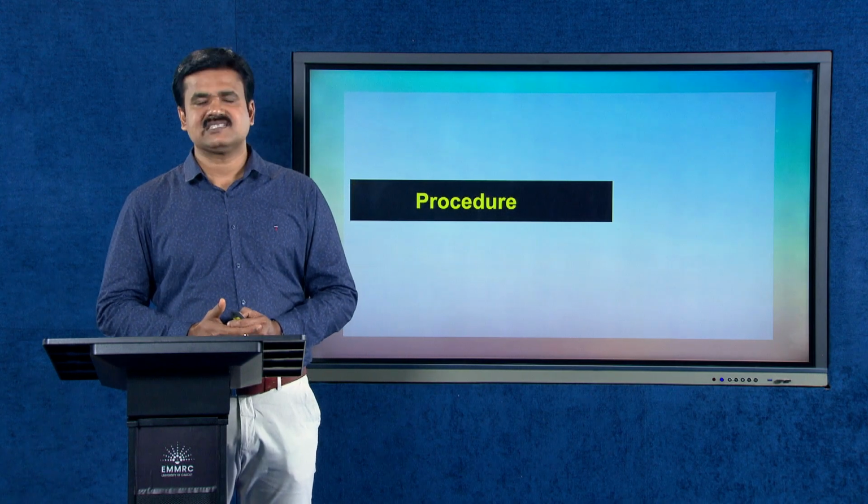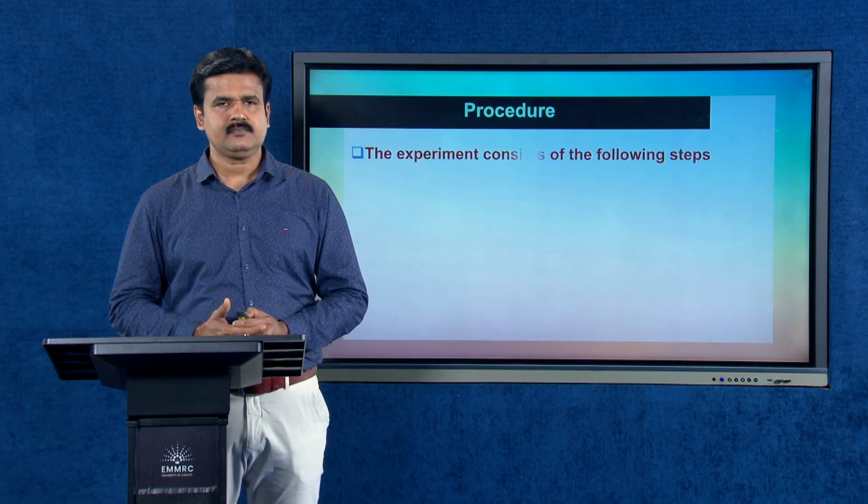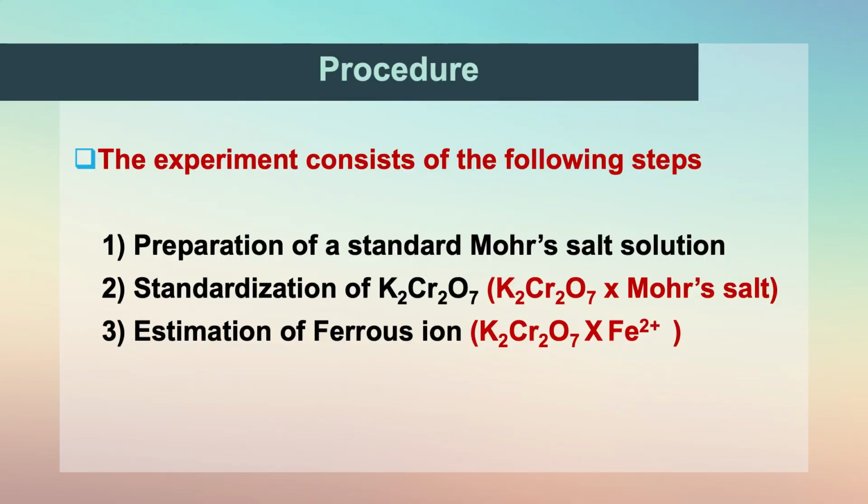Now we are discussing the procedure of the experiment. The experiment consists of the following steps. In the first step, we are preparing a standard solution of Mohr's salt. That is, preparation of standard Mohr's salt solution is the first step in the experiment. The second step is the standardization of K2Cr2O7.